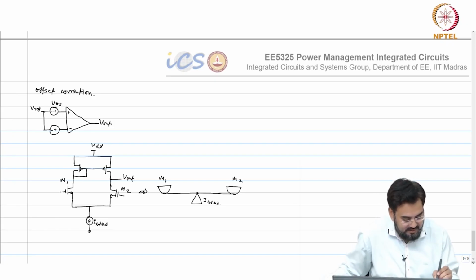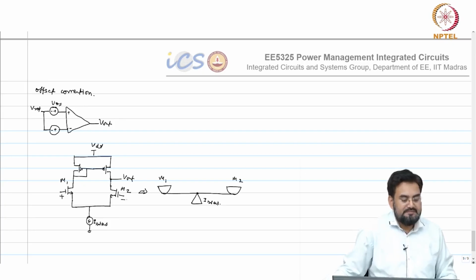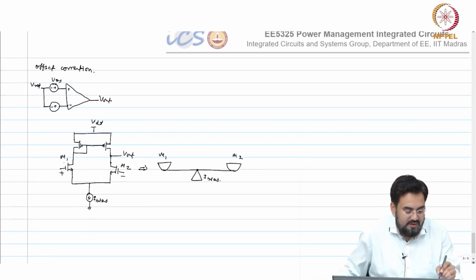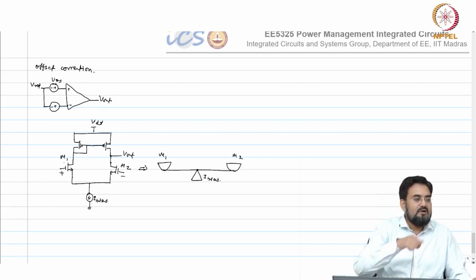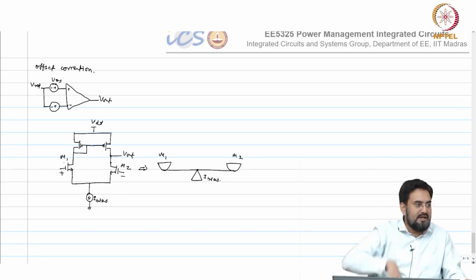So if this is my output, and this is my minus, and this is plus, this is minus. So I know I have more offset on the M1 side, and that is what is causing your output to go high.